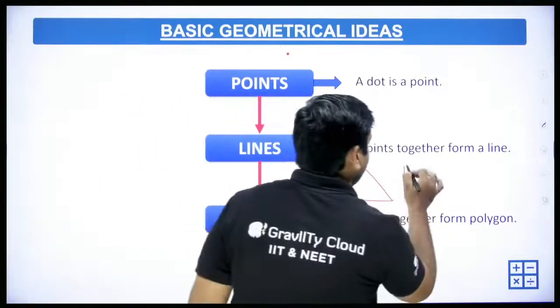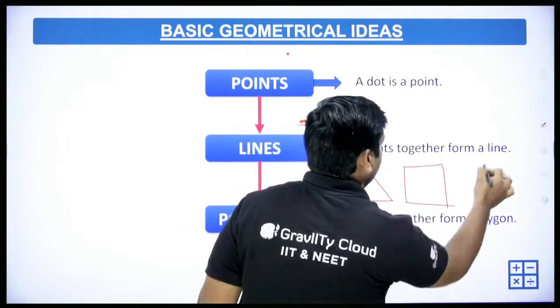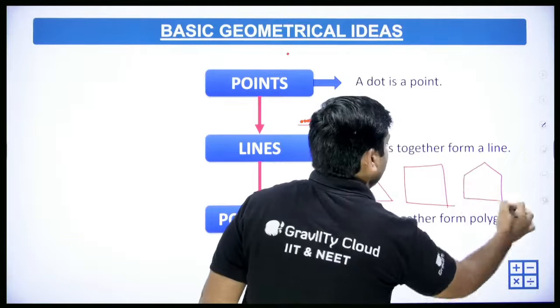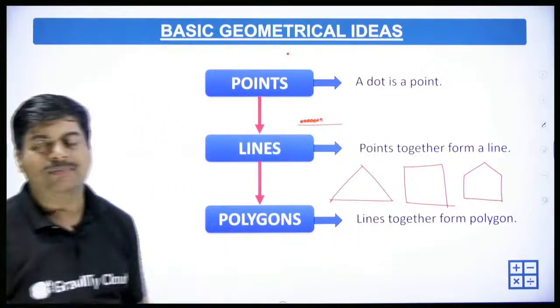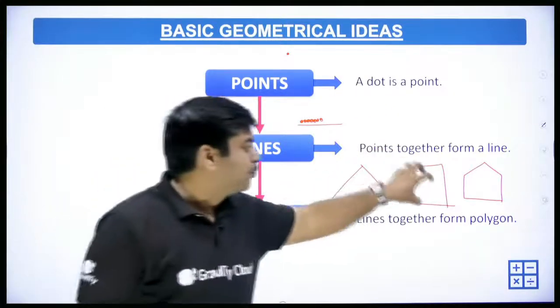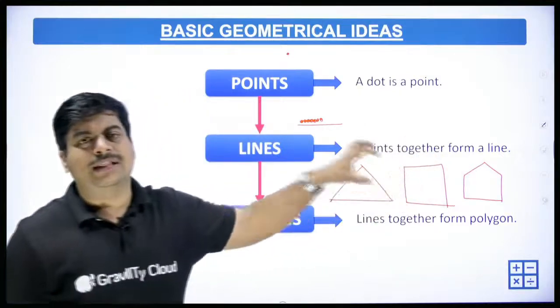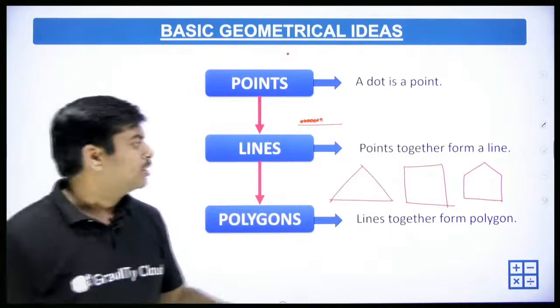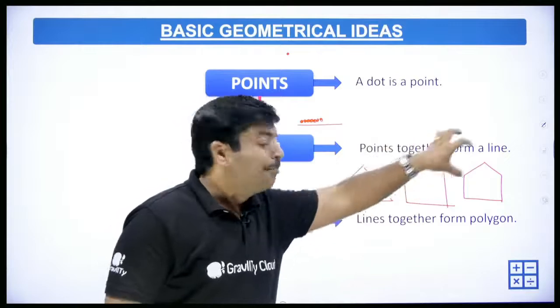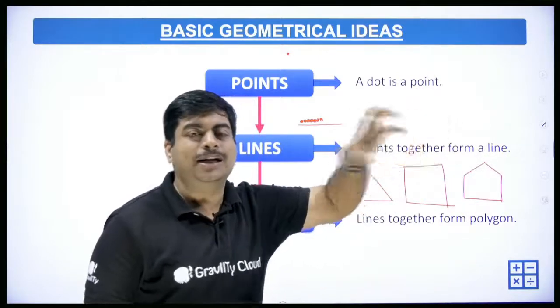If we have 4, it is a 4-sided polygon. This is a 5-sided polygon. We have different names for them: triangle, square or quadrilateral, which may be equal in length or not, and pentagon, which has 5 sides.